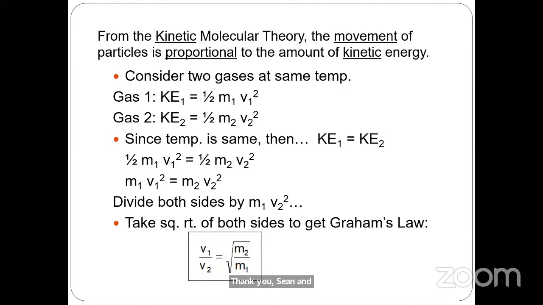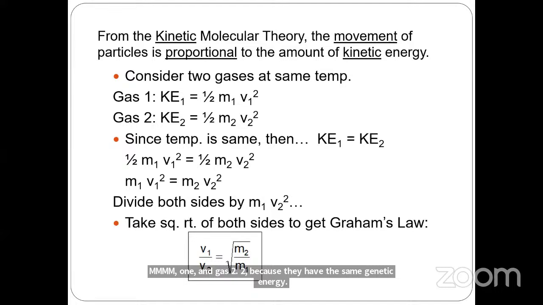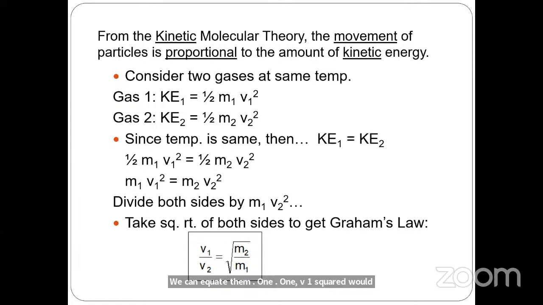So this is just trying to show us how they got this Graham's law formula. If you have two gases at the same temperature, they will have the same kinetic energy. Let's say we have gas 1 at half m1 v1 squared and gas 2 at half m2 v2 squared. Because they have the same kinetic energy, we can equate them. Half m1 v1 squared will be half m2 v2 squared.